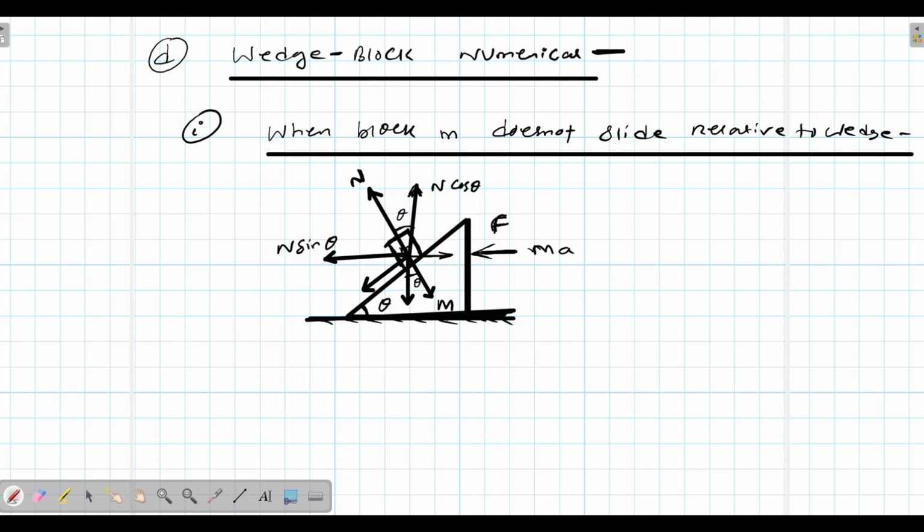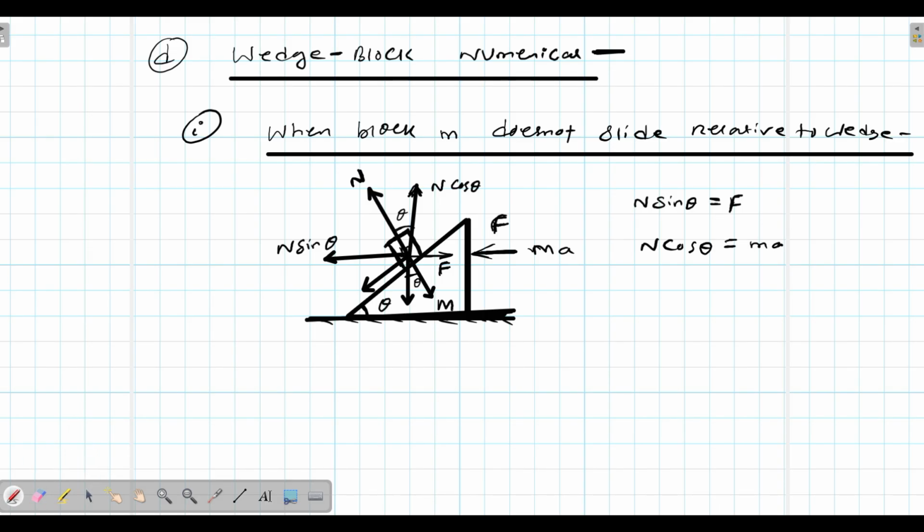So N sin theta equals F, and N cos theta equals mg.